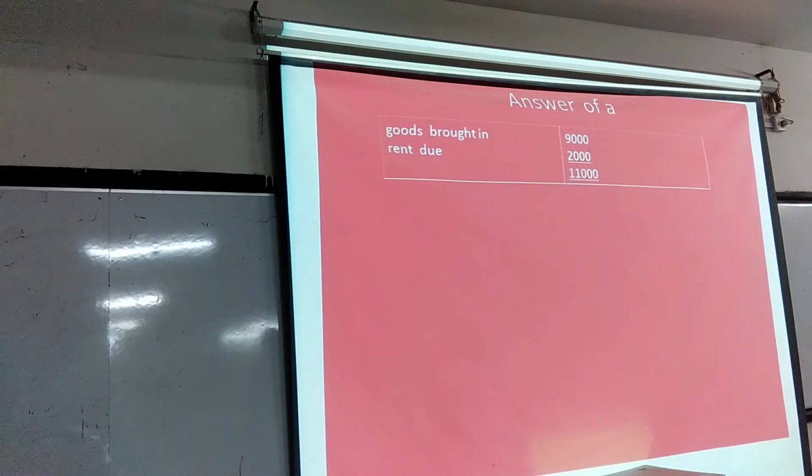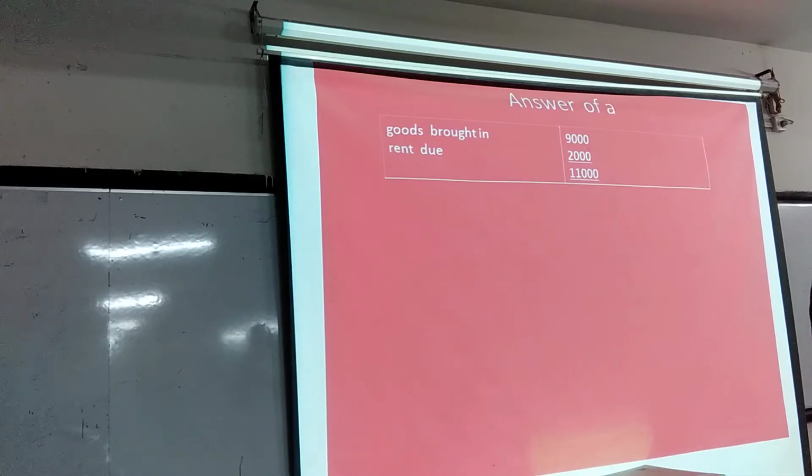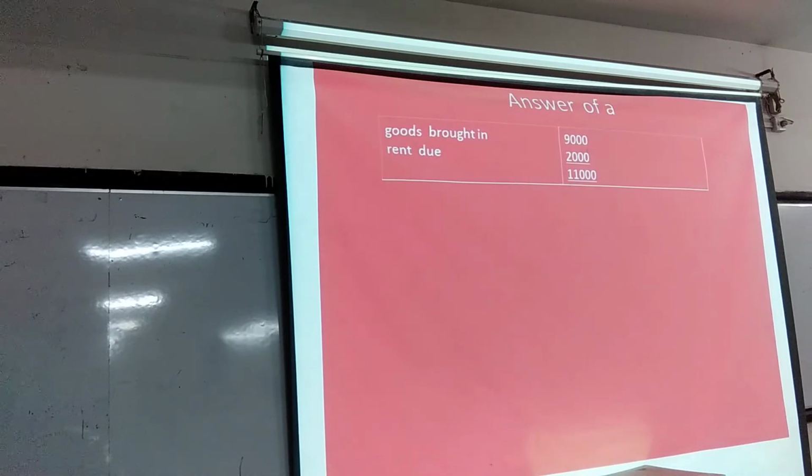We will draw a box using pencil, and we will write the answer of A this way. Goods brought in 9,500 and rent due 2,000.